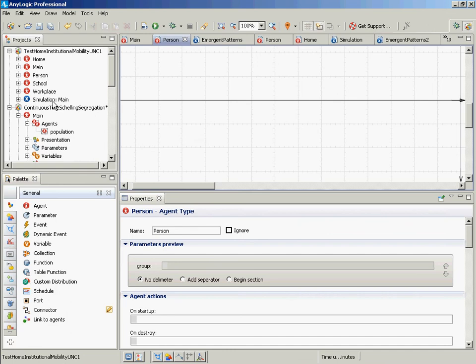We by default used messages encoded as strings, where it would say, I expose you, but we saw how we could actually more robustly do that by using an option list. So then we don't have to worry about misspellings in the strings. We just say this message type or that message type, and AnyLogic will double check that what we specified is a known message type.